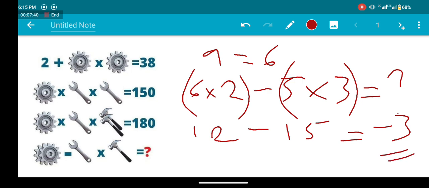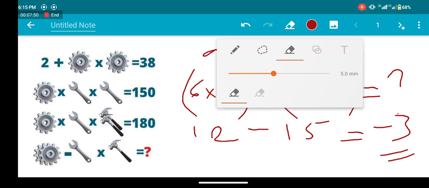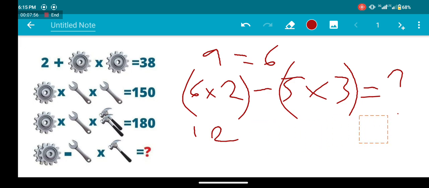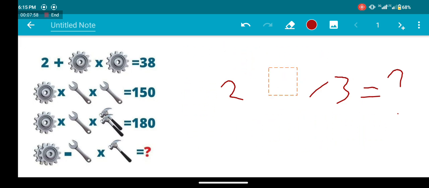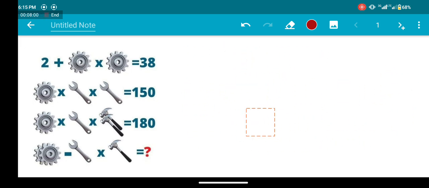So in this particular question, we have our answer to be minus 3. So you can see the reason why I said this question is not just testing your numerical reasoning, but it's also testing your observation.